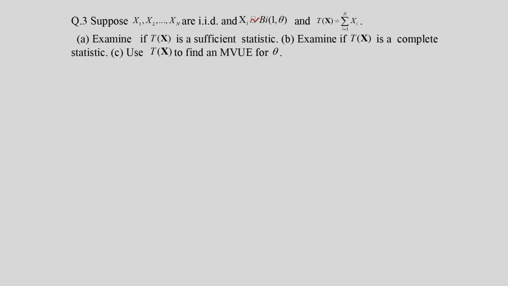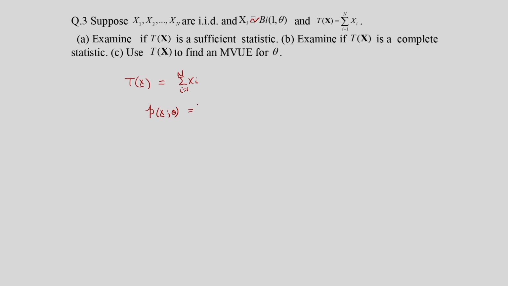So, in this case, we have Tx equal to summation xi, i going from 1 to n. And for the likelihood function, we will see the joint PMF here. Already we have found P of x as a function of theta, that is the joint PMF.